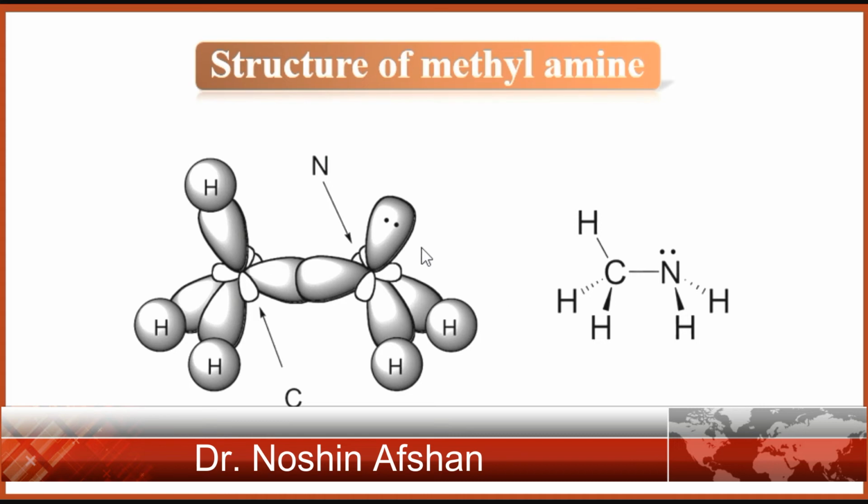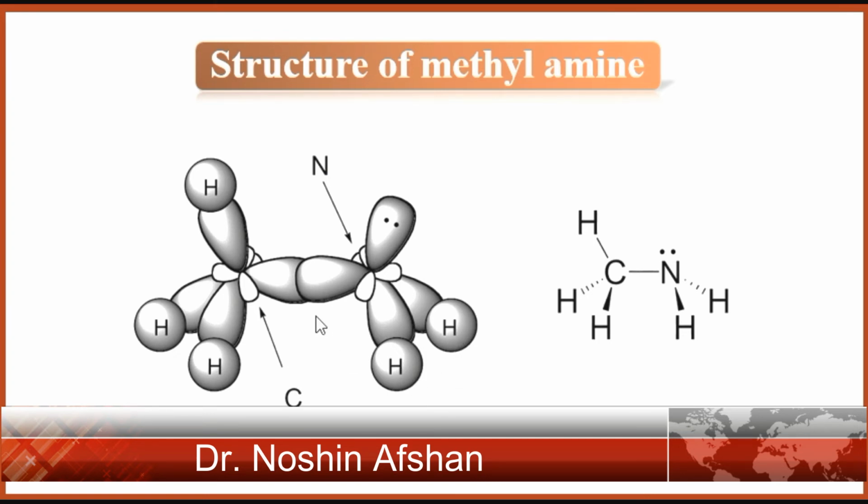In the case of nitrogen, 1 sp3 hybrid orbital would have the electron lone pair, or would be completely filled. Another sp3 hybrid orbital would overlap with the sp3 hybrid orbital of the carbon atom, and the other 2 sp3 hybrid orbitals would overlap with the 1s orbitals of the 2 hydrogen atoms.